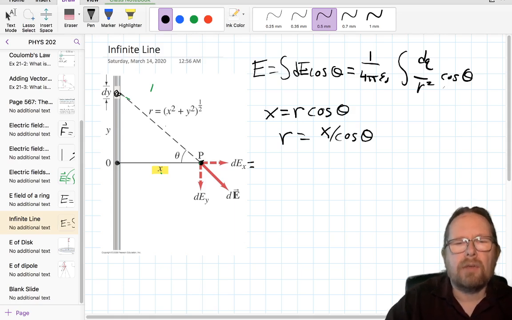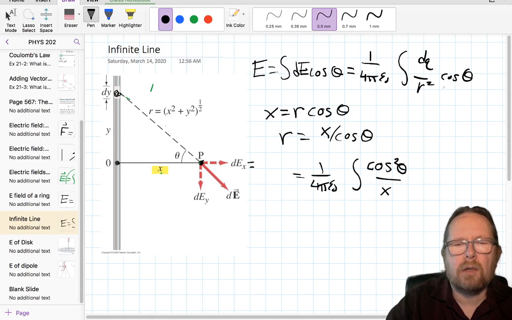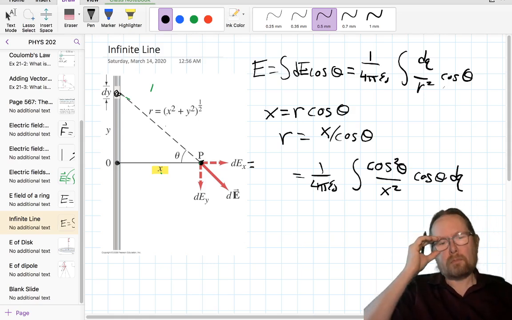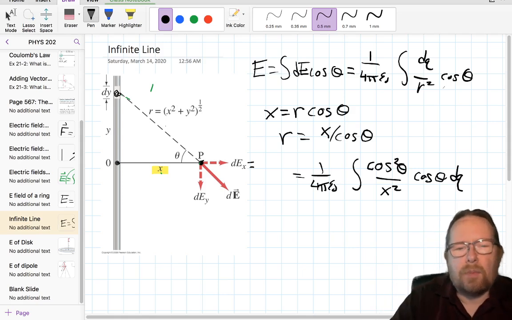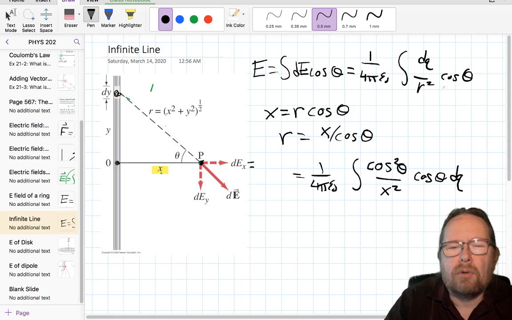So we can rewrite this as 1 over 4 pi epsilon 0 integral dq of 1 over this squared, which is going to be cosine squared theta over x squared times cosine theta dq. Okay? x is a constant. We'll be able to pull that out of our integral in just a second.